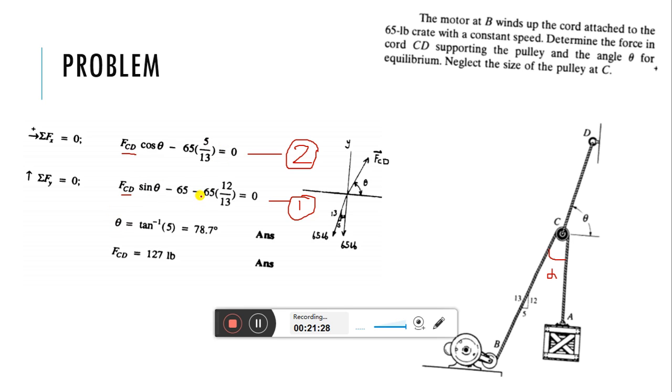If you calculate, you can get what value it will be. So this is 13 and this is 65, so 5 you will have. Here also you will get 5. So 5 into 12, 60.